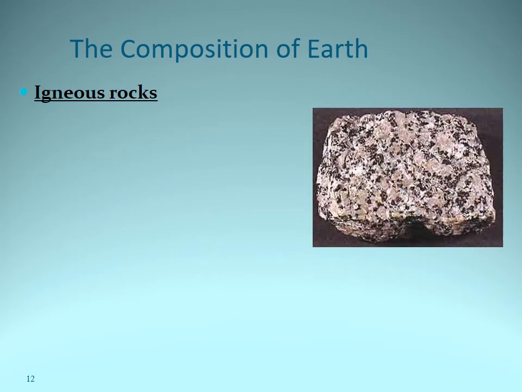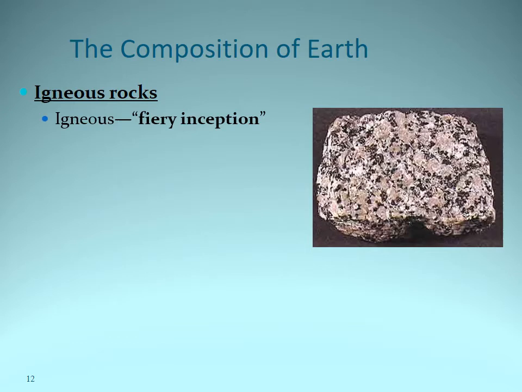You may have gone through the types of rocks when you took a science class either in grade school or high school. So we're going to go through this a little bit here as well, but eventually what I want to do is get into something called the rock cycle. So to start off with this rock cycle, let's talk about igneous rocks.